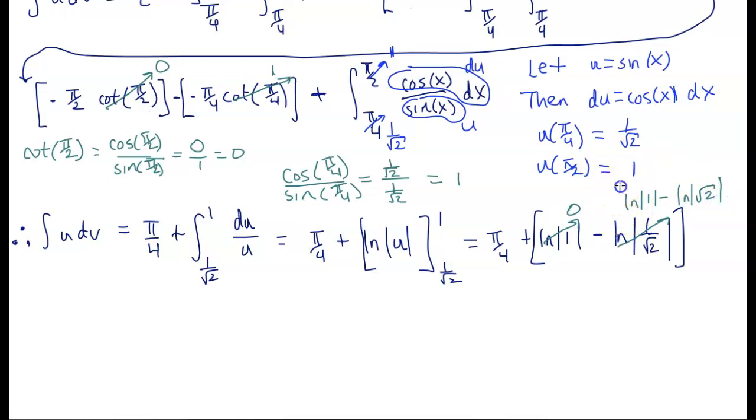Okay, and that's going to be that with the minus on it if we take care of all of that. And again, natural log of absolute value of 1 is just 0. So all we really have here is natural log of absolute value of square root of 2.